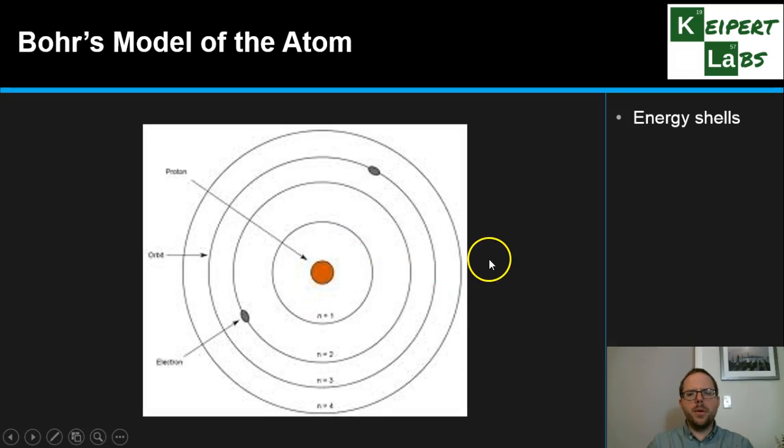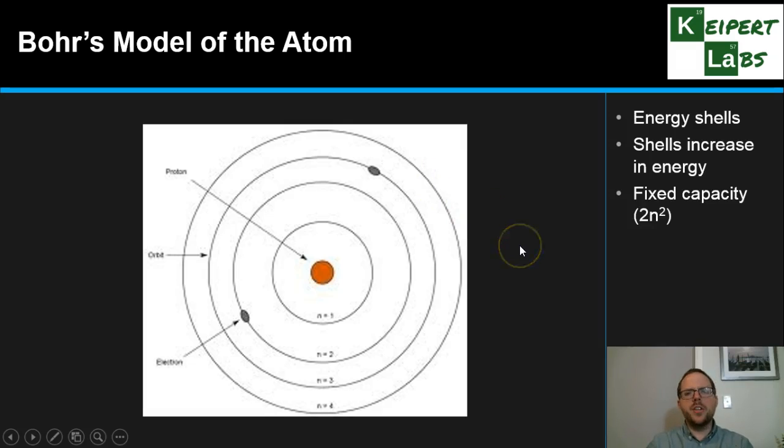Rutherford proposed that all the electrons just orbited around, but Bohr gave them a bit more of a fixed characteristic, that they're orbiting in particular places or in particular energy levels. These energy shells increase in energy from low at the center to higher and higher energy as we move further away from the nucleus.